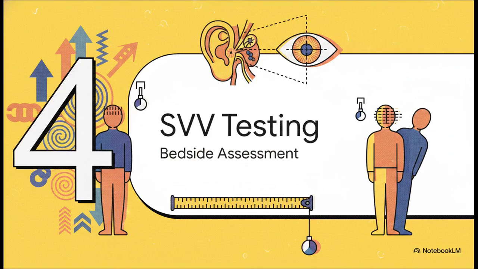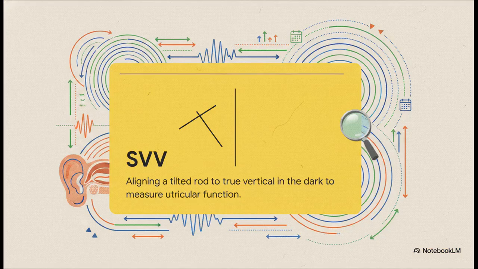Section 4. SVV, Subjective Visual Vertical. Now, what if you don't have immediate access to VEMP testing in your clinic? Don't worry. Subjective Visual Vertical, or SVV, is a fantastic high-value bedside alternative. SVV basically involves having the patient align a tilted rod to what they perceive as true vertical in a dark room.